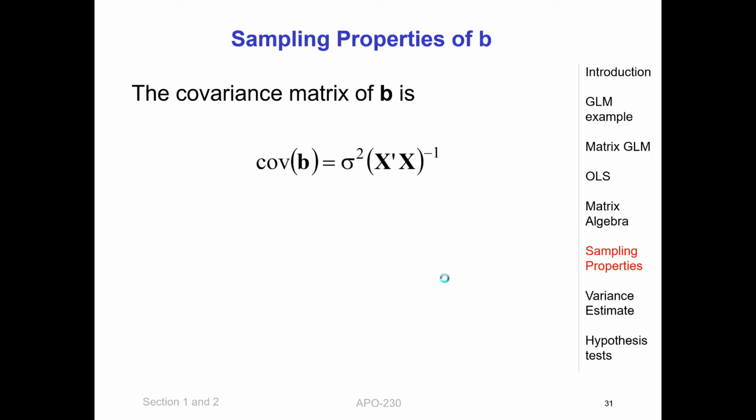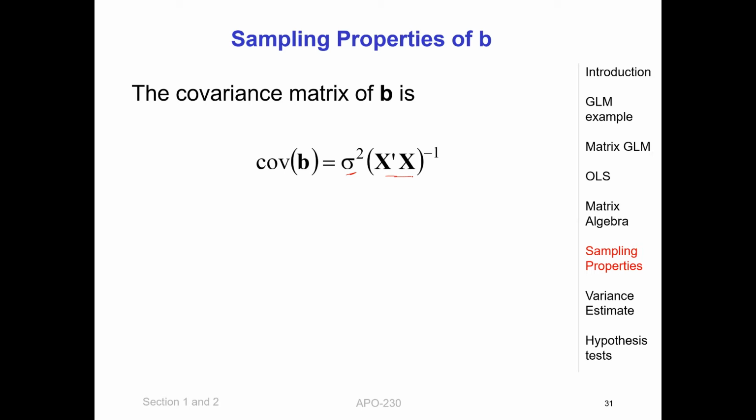Similarly, we could show that the variance covariance matrix of B equals sigma square times X prime X inverse. We could show that analytically using some of the results that we have derived in the previous slide, but we're not going to do it here to save some time.